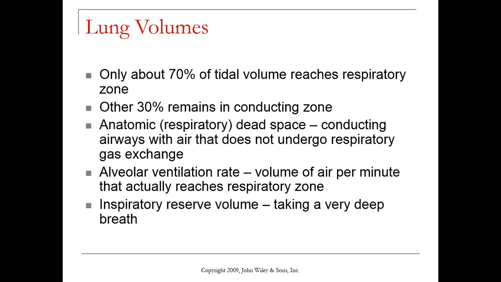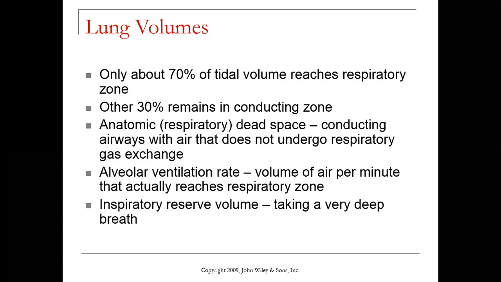Okay, so we have previously discussed the minute ventilation. Minute ventilation is the amount of air moved in or out in normal quiet breathing, also known as the tidal volume multiplied by the breath rate. For example, if the breath rate is 12 and the tidal volume is 500 ml, the minute ventilation will be 6 liters per minute. But there is another rate known as the alveolar ventilation rate.